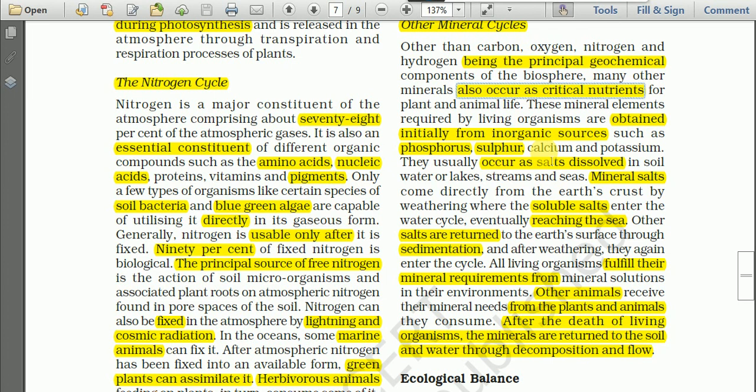In addition to carbon, oxygen, nitrogen, and hydrogen, we have other minerals which are very essential for plant and animal life.